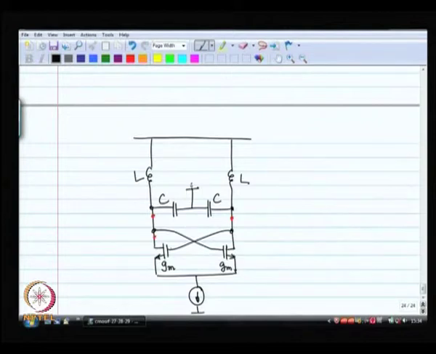There is C gate to source. C gate to source is like a capacitor on the load.